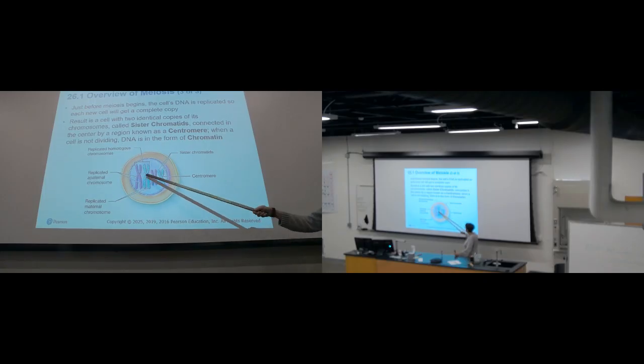The homologous chromosomes have a center that is called the centromere, and have arms on top and bottom of the centromere. One will be shorter than the other. The shorter one you will call the P arm, P for petite, which is small in French, and then the long arm is called the Q arm.